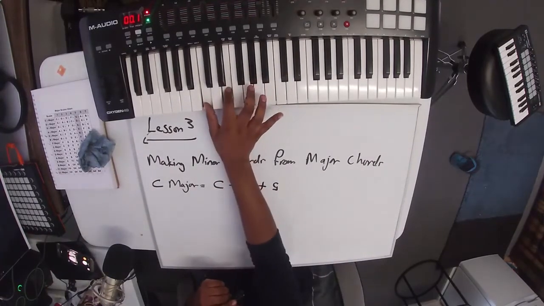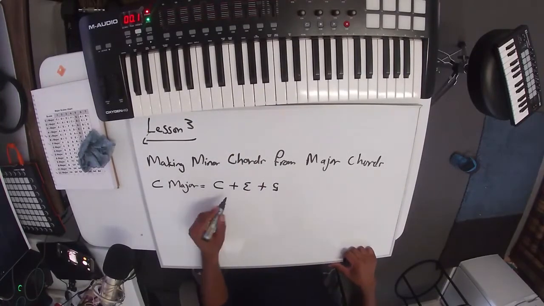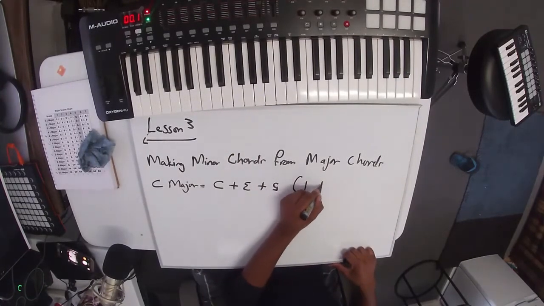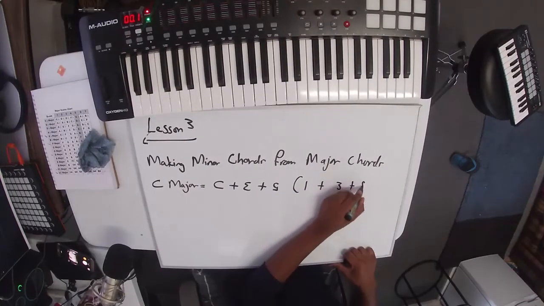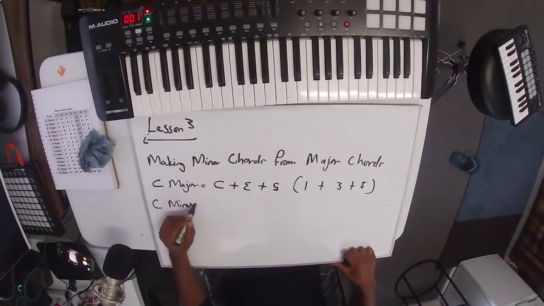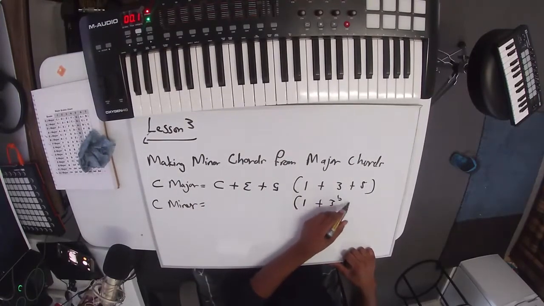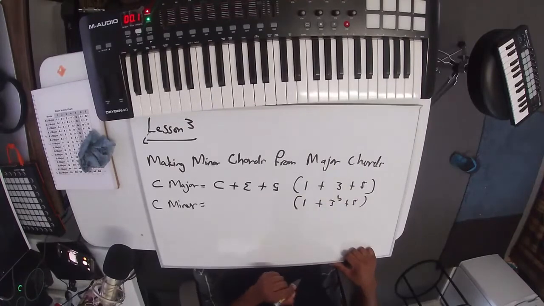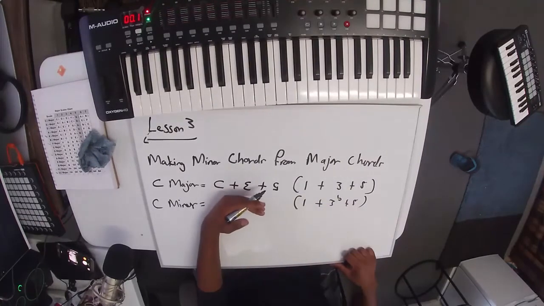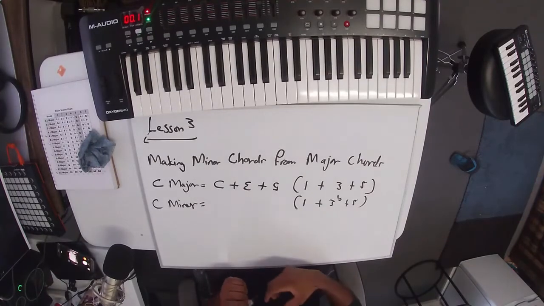We already know that it consists of 1 plus 3 plus 5. So a C minor chord is made from 1 plus 3 flat plus 5. If you know how to play the C major chord, you can just flatten that third and it becomes a C minor chord.